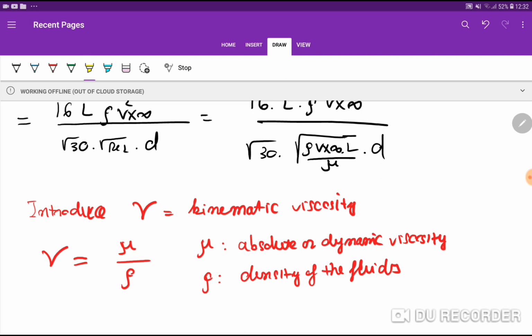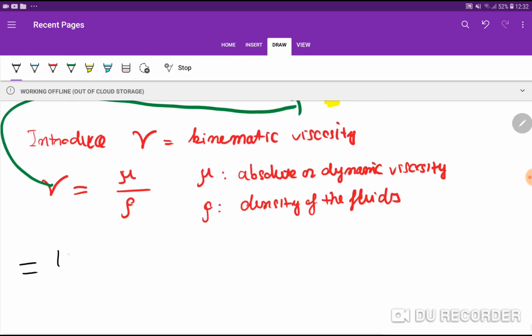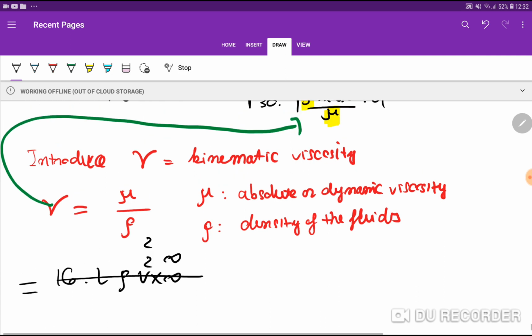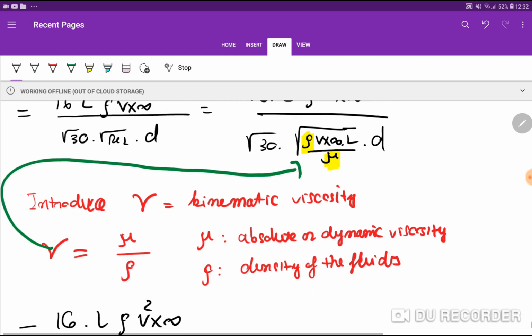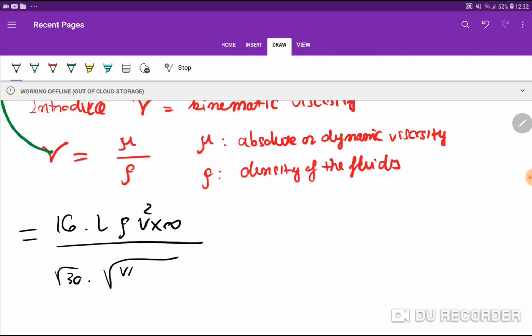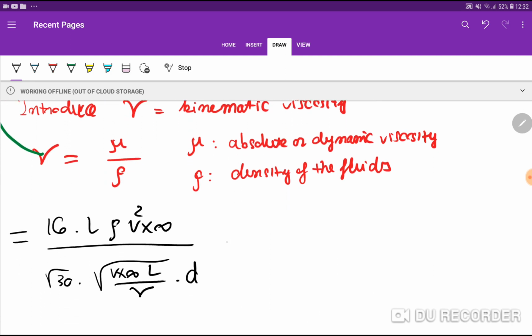So I will highlight these and introduce this in. You get this equal to 16L rho Vx infinity square over square root of 30 times square root of Vx infinity times L over veta times D. Let's make it look nice.